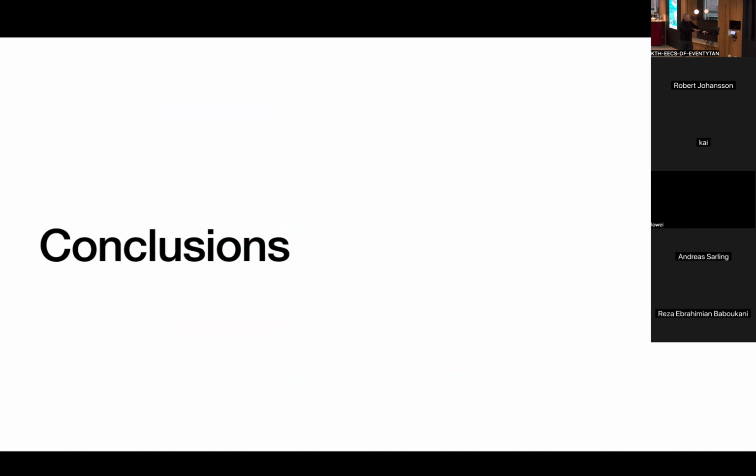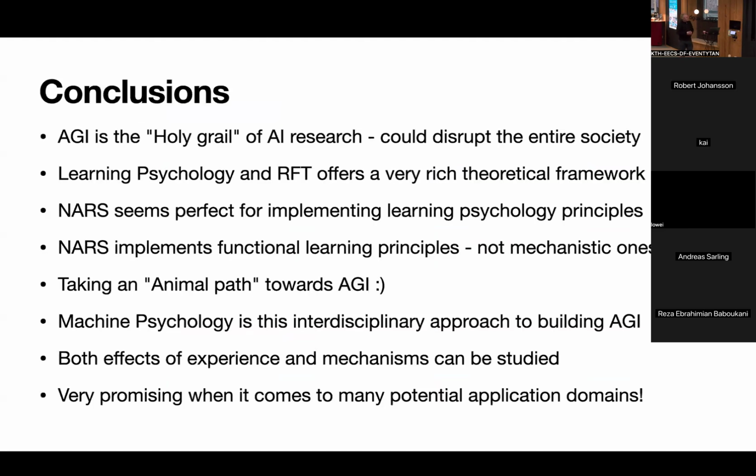So the conclusion of this talk is that, as I said, AGI might very well be the most important invention of all time for the future. It has been called the holy grail of AI research. If it's implemented, it could for sure disrupt the entire society.